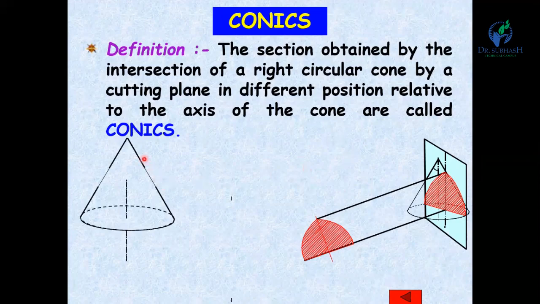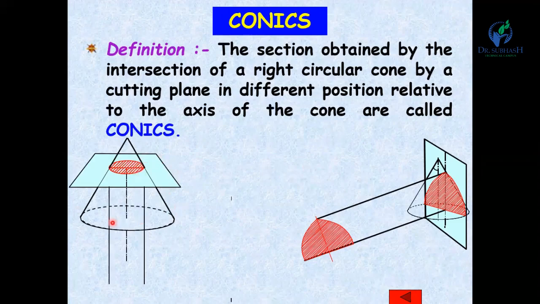Okay, now let us see. This is the cone, and this cone is cut by a plane which is parallel to the base. After cutting this cone, you will get this shape. If this plane is parallel to its base, then you will get the circle.